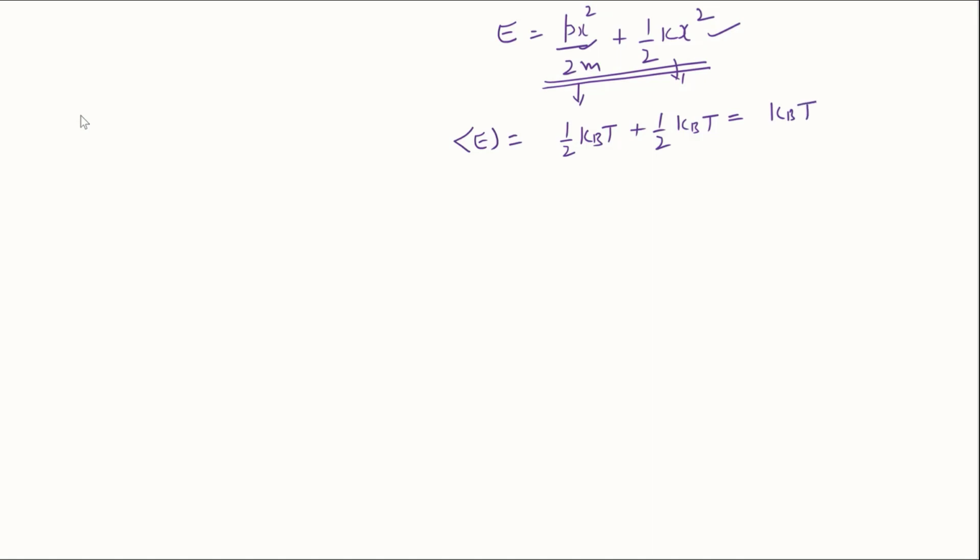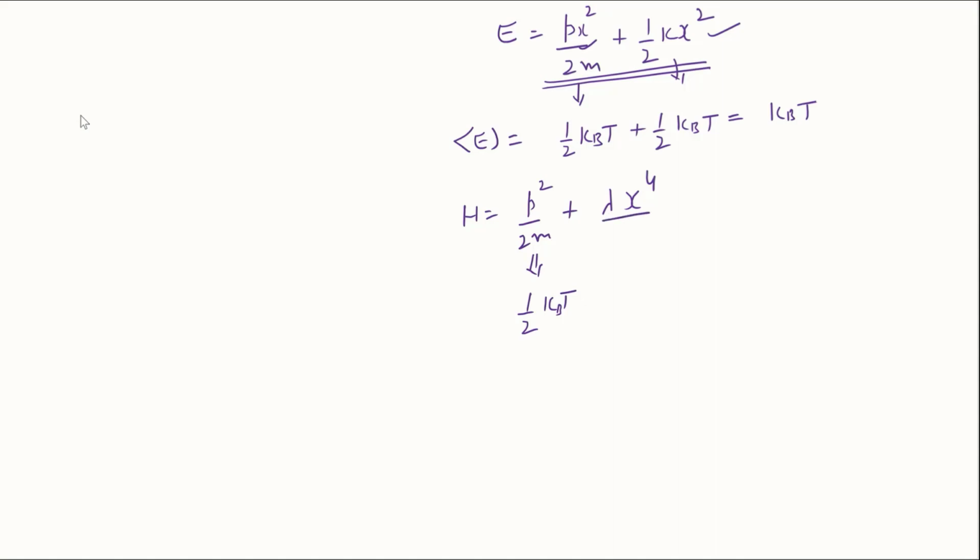But now the energy expression that is given to us does not only contain the squared energy term, it also contains an energy term involving the fourth power of the displacement. We are given the Hamiltonian p square by 2m plus lambda x to the power 4. For the first term, we can easily obtain the average energy, half kT, by making use of the equipartition theorem.